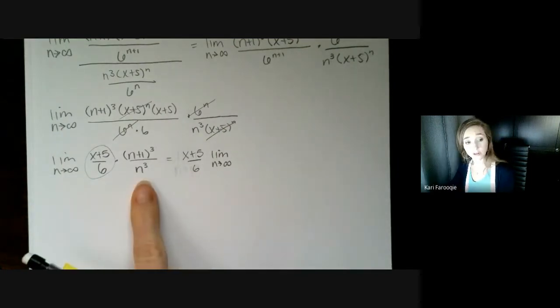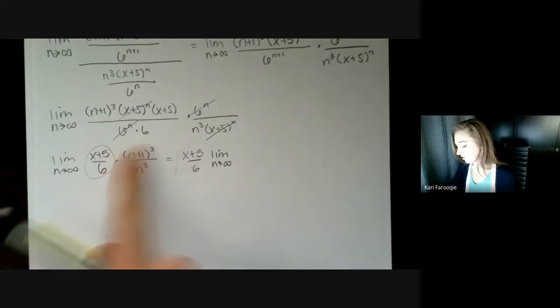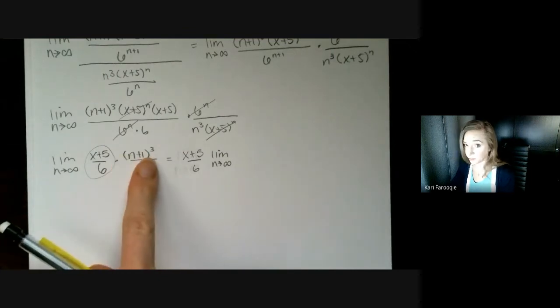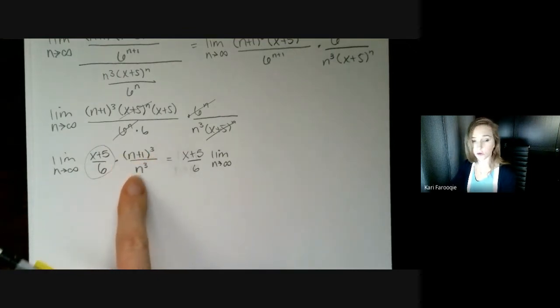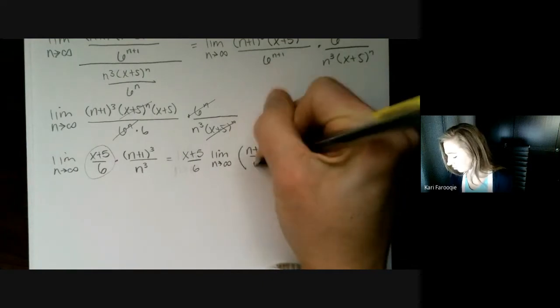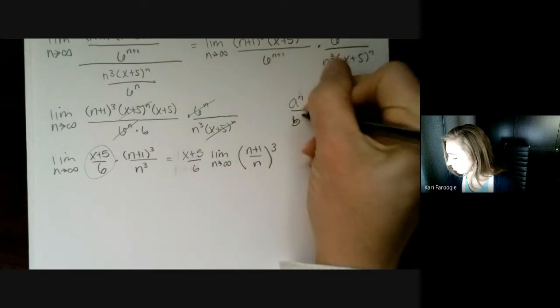Now, when you take the limit here, you're going to run into some trouble if you leave this the way it is now. I mean, you can still technically do it. You can even just write this as the binomial cube. That's a little bit more work. You'll find this is probably easier if you just use that exponent rule that states, let me write the rule for you, a to the n over b to the n is a over b to the nth power. I'm trying to generalize these rules for you guys.